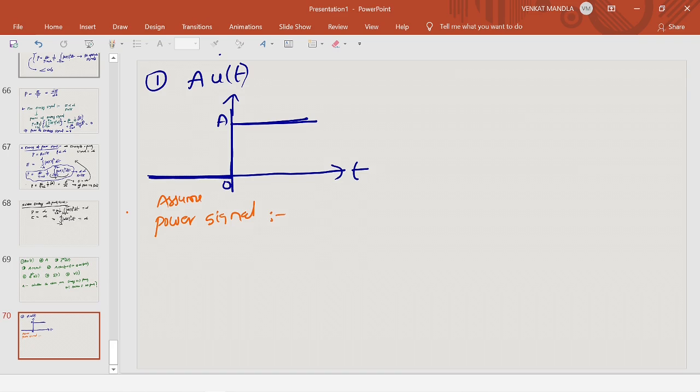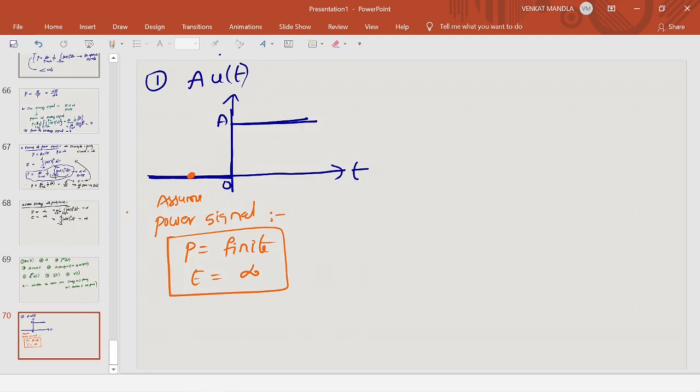So if it is a power signal, I have to show that its power is finite and its energy is infinite.